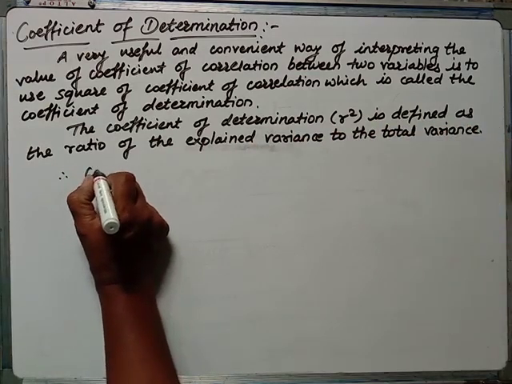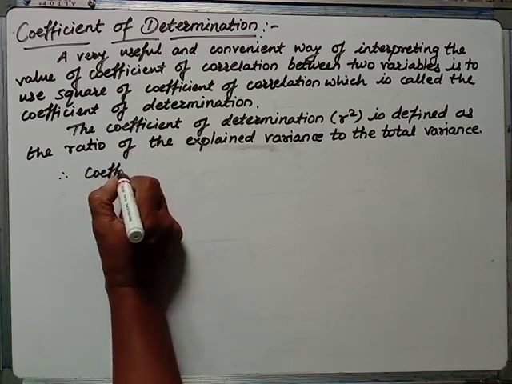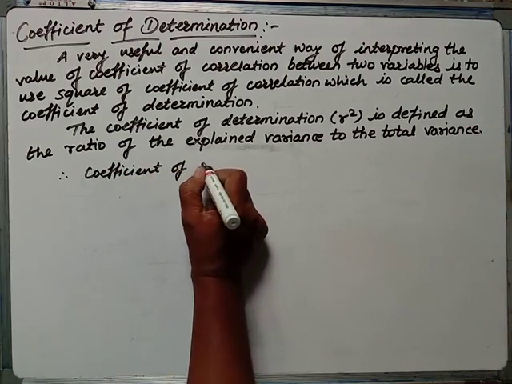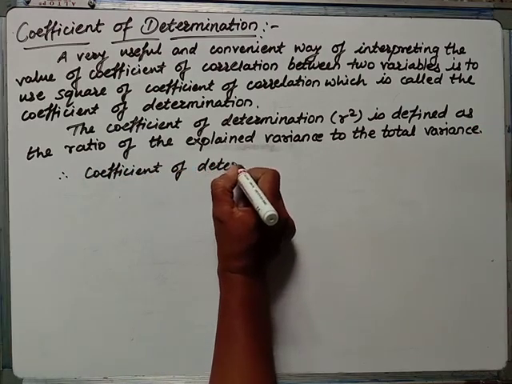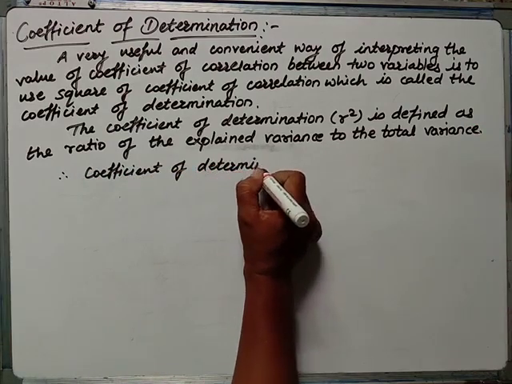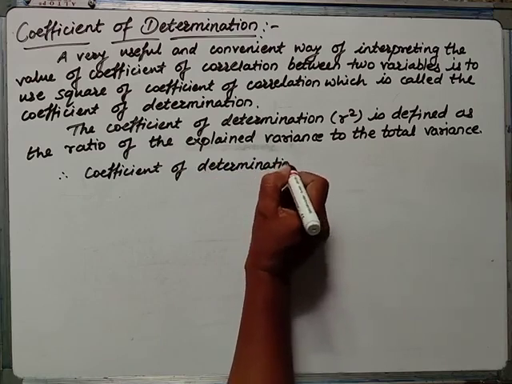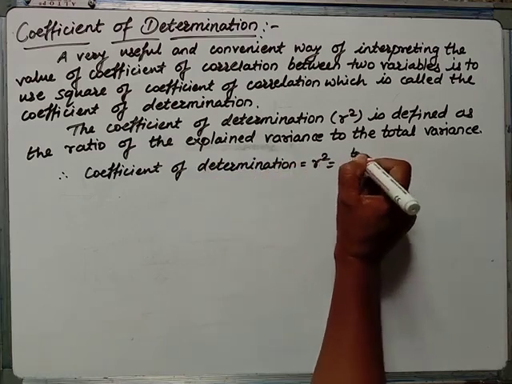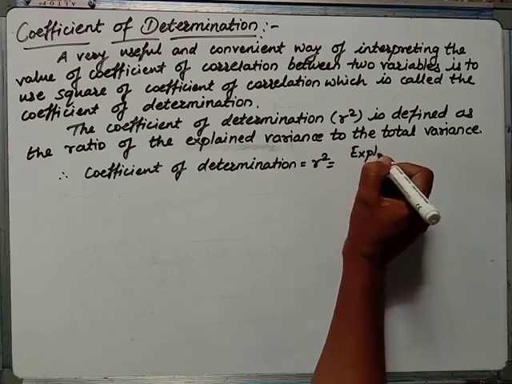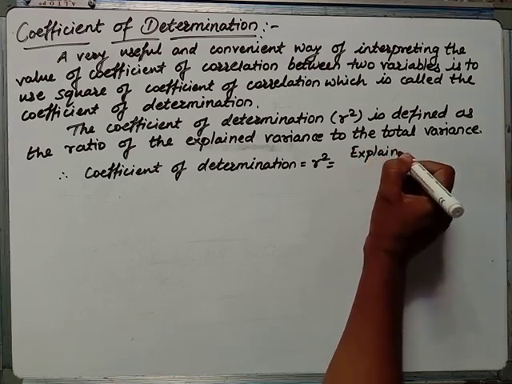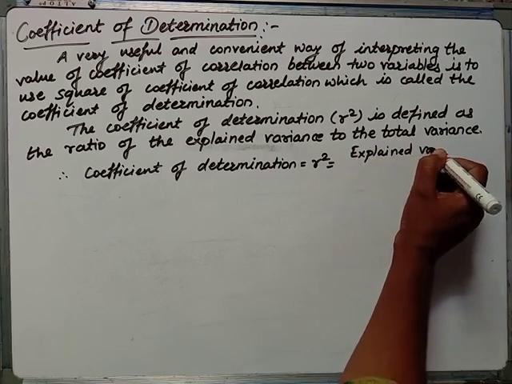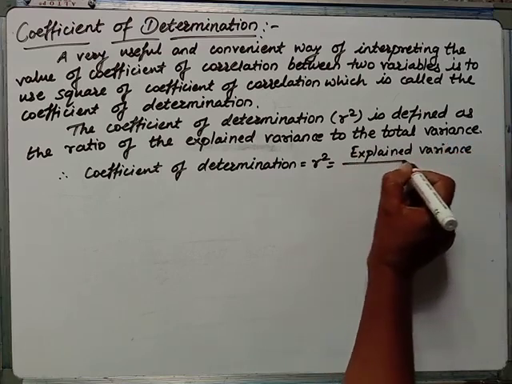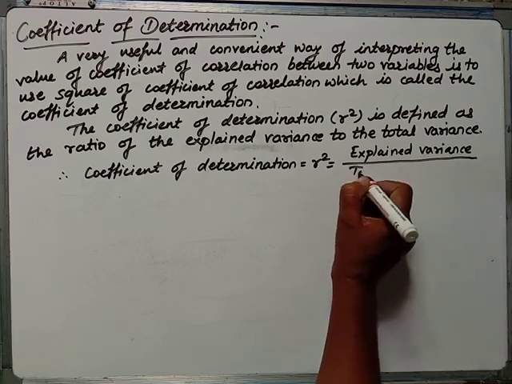Therefore, coefficient of determination equal to r square, and that is equal to explained variance upon total variance.